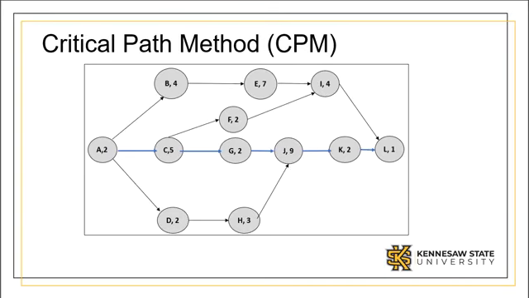Above is the CPM for the previous PERT example that was showcased. Note that the activity and the duration are noted inside each circle. The critical path is denoted by the blue arrows. Let's explore this further.